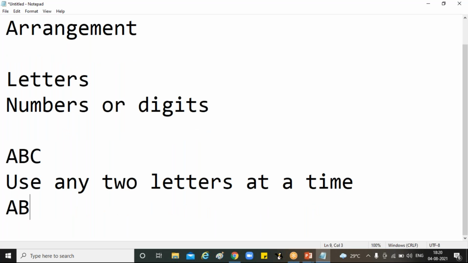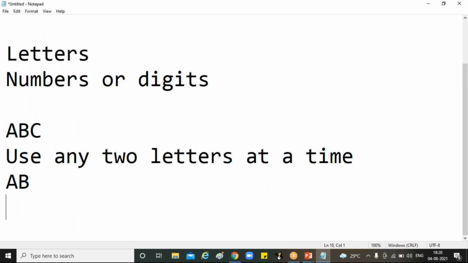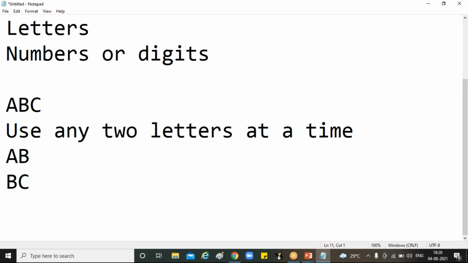Like AB is one arrangement, BC is one arrangement, CA is one more arrangement, BA is another arrangement, CB is another arrangement, AC is another arrangement.